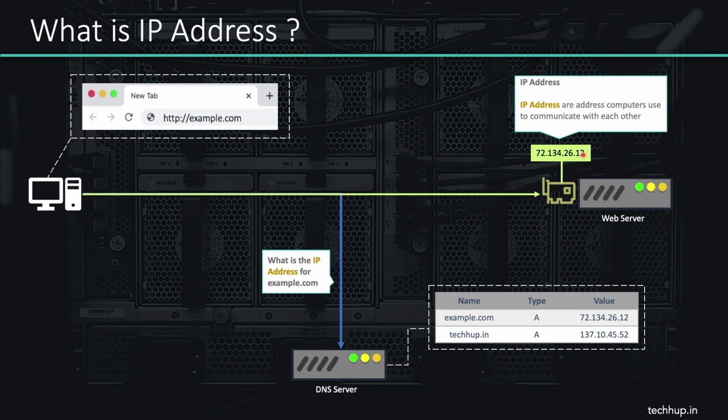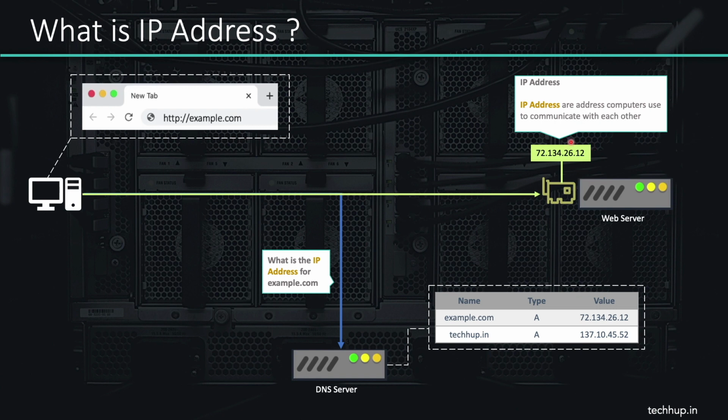So basically here the IP address is being mapped with a domain name, but essentially they both are the addresses to your web server to fetch the information from your web server. So even though example.com is being used in the front end, in the back end, essentially what establishes the communication between the two computers for exchange of information is the IP address.